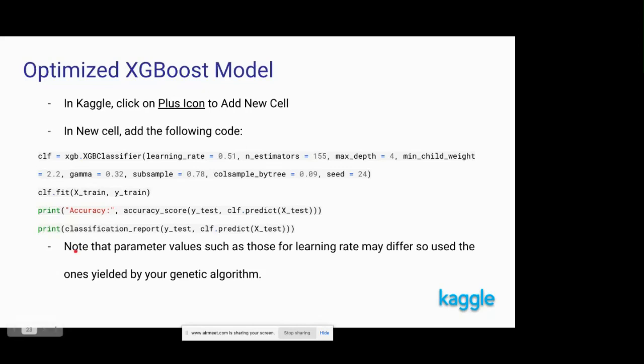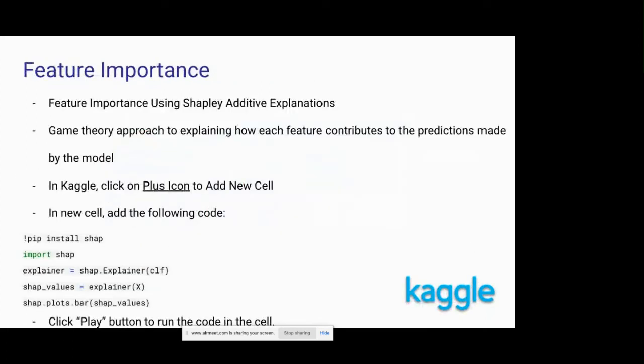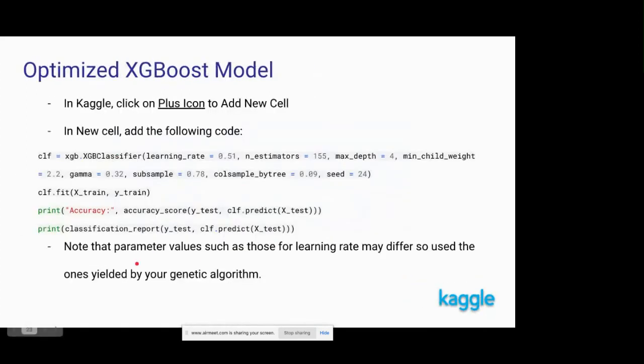Note that the parameter values you got from the previous step, from the genetic algorithm, may differ. So use the ones that were yielded by your genetic algorithm when you ran the code.